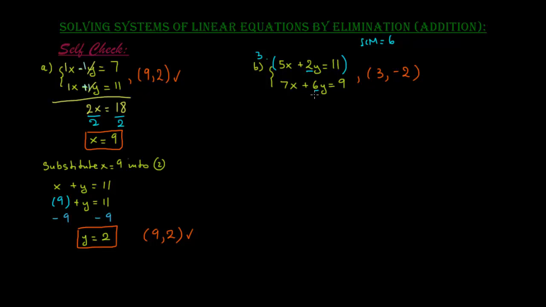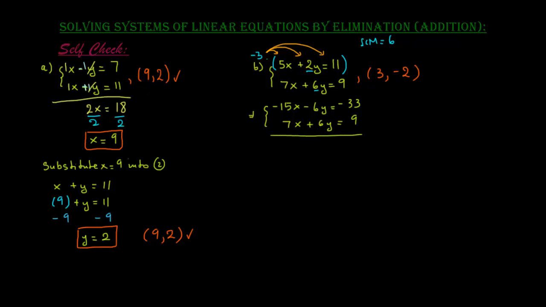And we also need the opposite coefficient. I can also multiply by -3 instead of just 3. So multiply the first equation by -3, which will give me -15x minus 6y equal to -33, and 7x plus 6y equal to 9.